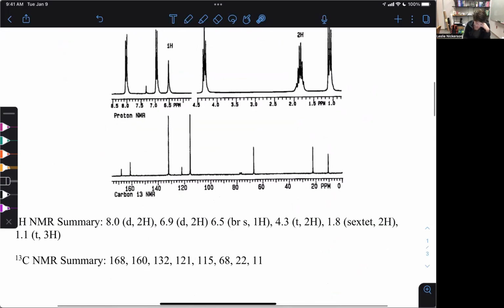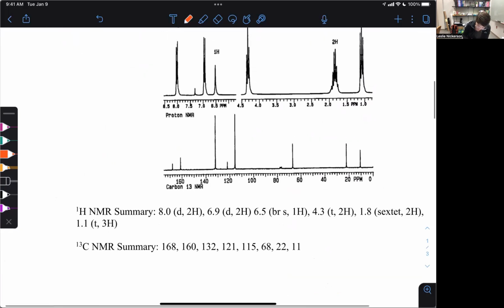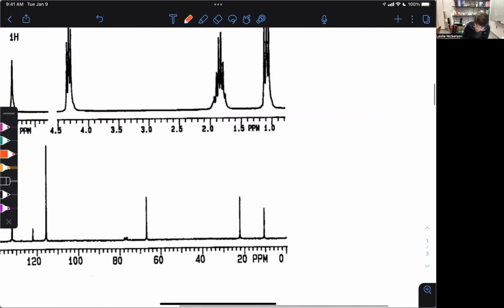I go ahead and count the carbon environments. In this one, we're just going to count up all of the peaks. The one thing I will note here is that these two NMRs were both run in deuterated chloroform.